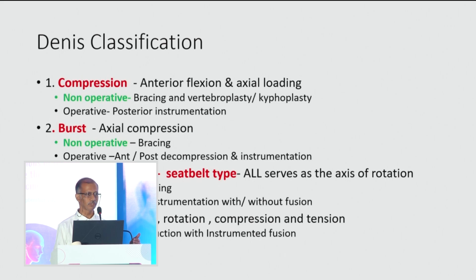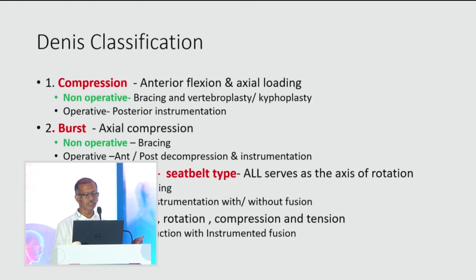Based on this, the fractures have been classified into compression, burst, flexion distraction, which is a seatbelt type of injury, and dislocation. Compression can be anterior flexion and axial loading. You can have a non-operative treatment for it and an operative treatment for it. The non-operative is bracing, vertebroplasty and kyphoplasty, and operative is posterior instrumentation.